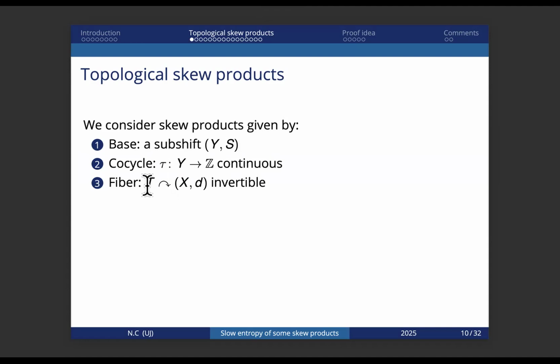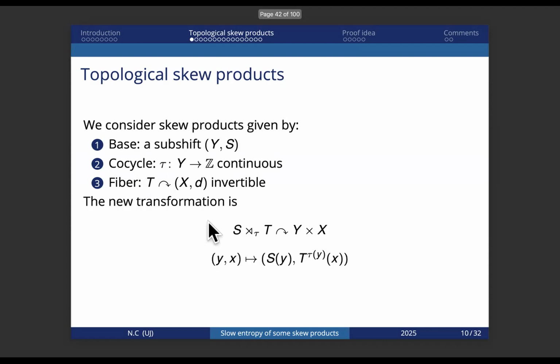And then we take an invertible topological dynamical system, and we define this new transformation, which is now a continuous transformation on the product space, and which is defined by the same formula as before. It's good to keep interpreting this tau as coin flips of something, and then we apply powers of T according to another process, which is here.